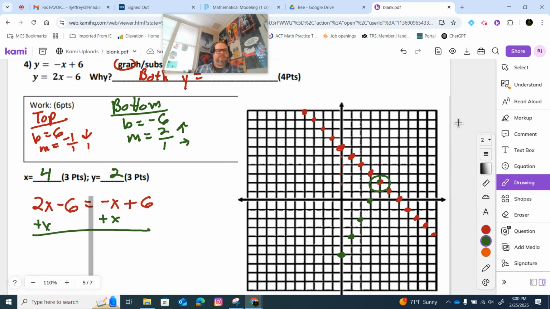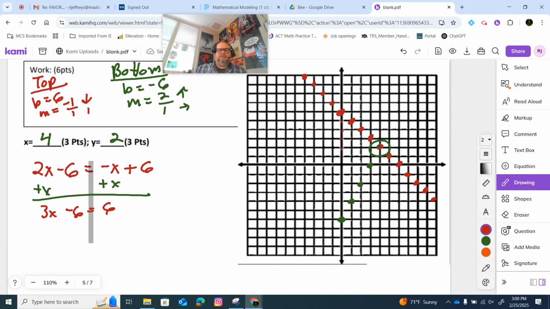Plus x, 3x minus 6 equals 6. And then x plus 6. So 3x equals 12.